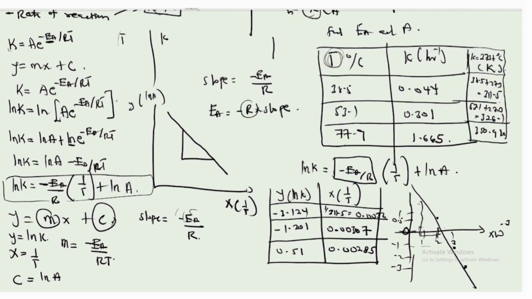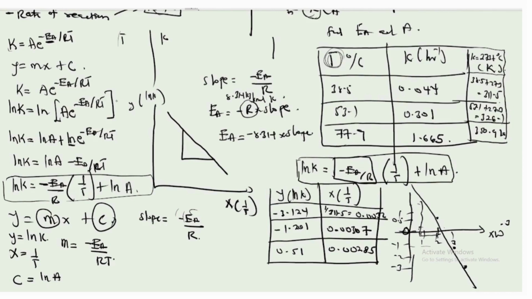R is your gas constant, which is 8.314 kilojoules per kilomole Kelvin. So your Ea becomes negative 8.314 times your slope. However, you can punch this in your calculator to get your slope directly, then your intercept.